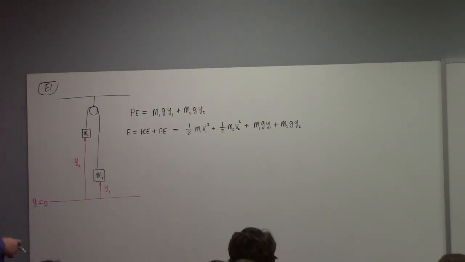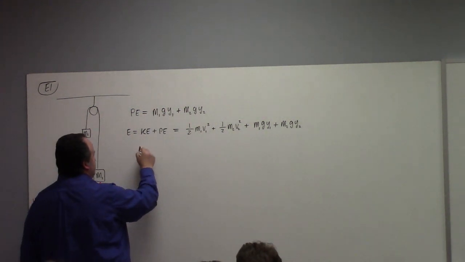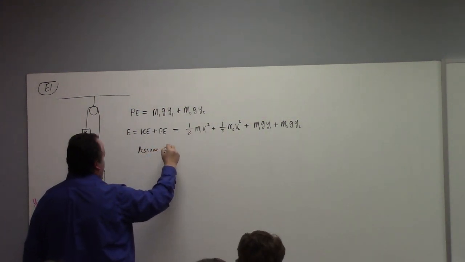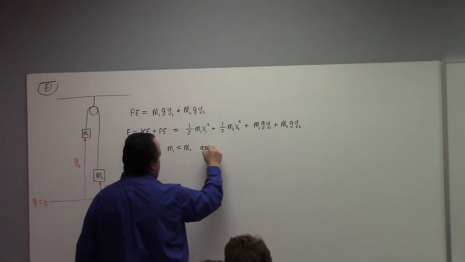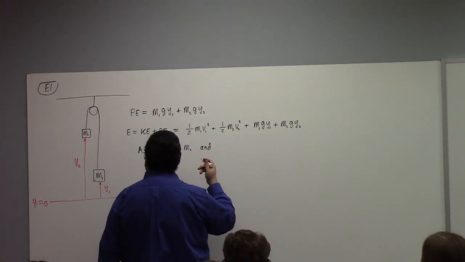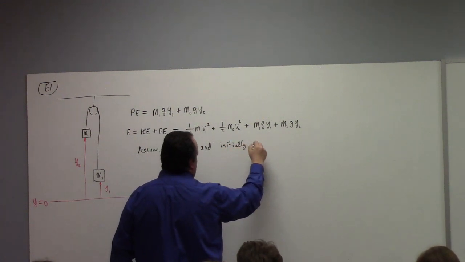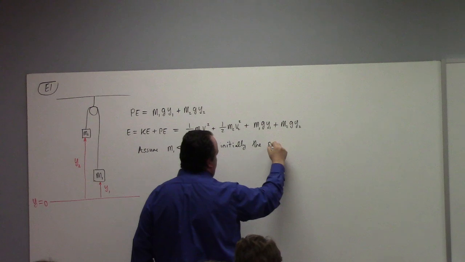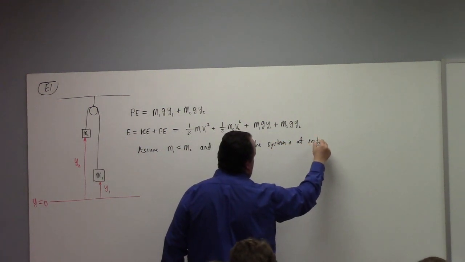Okay, so in order to make a physics example here that we can all understand together, we could do something like what? We'll assume that m1 is less than m2, and that initially the system is at rest, right?